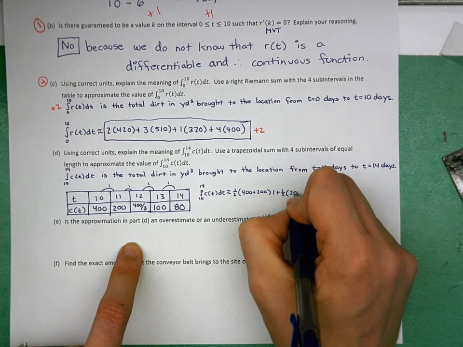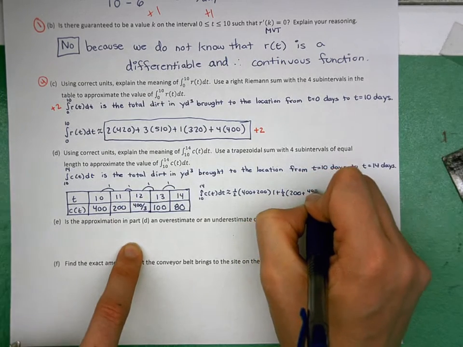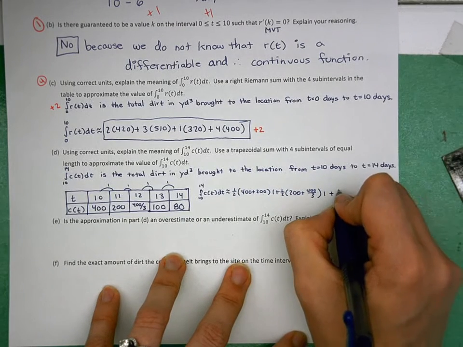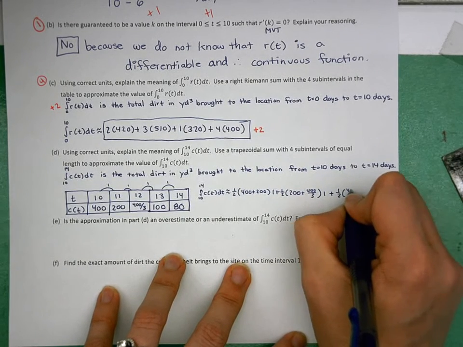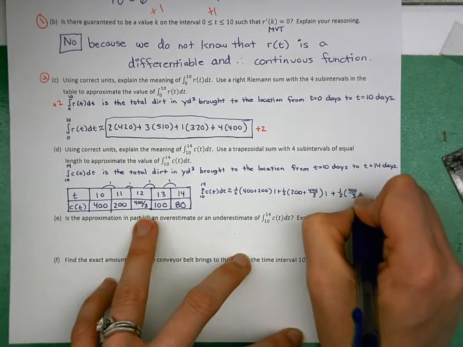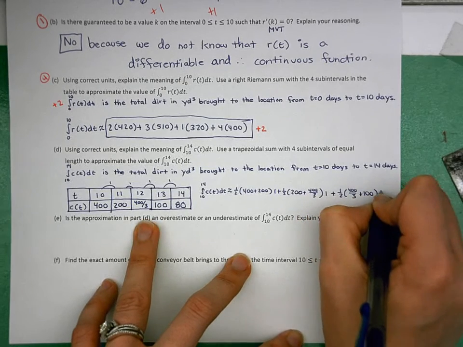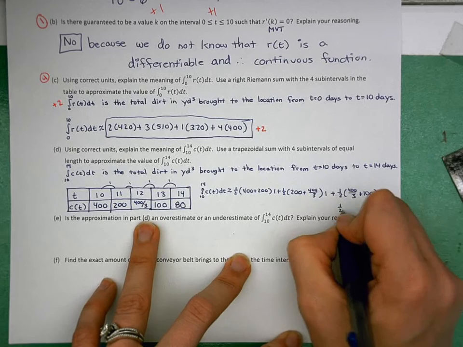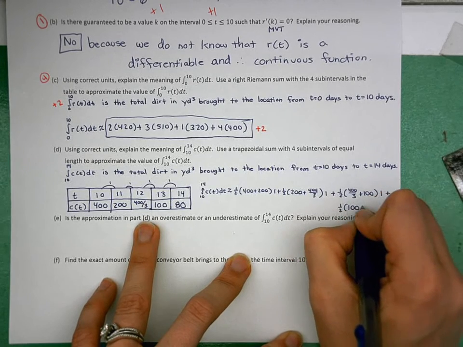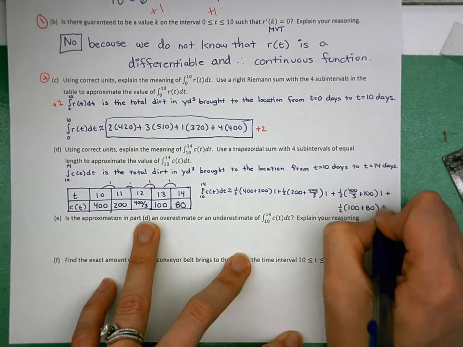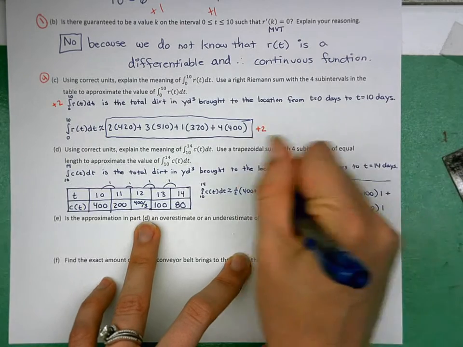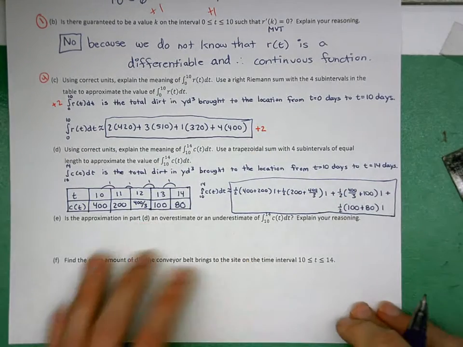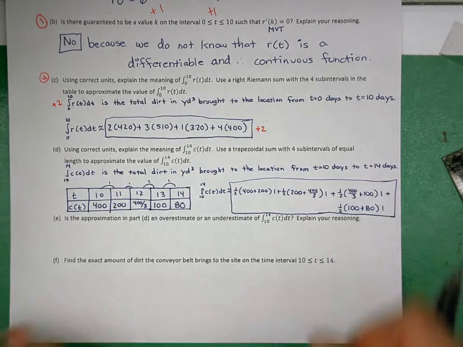Plus 1/2, 200 plus 400 over 3 times 1, plus 1/2, 400 over 3 plus 100 times 1, plus 1/2, 100 plus 80 times 1. And again, don't simplify. Waste of time.